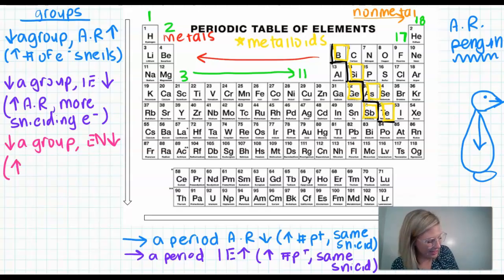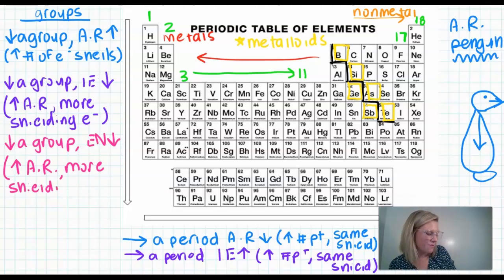We have an increase in atomic radius, which means that there are more shielding electrons. And as a result, the ability of that nucleus to attract an additional electron is becoming weaker because the valence shell is much further away, and the further away from the nucleus you are, the less positive pull that electron will feel.